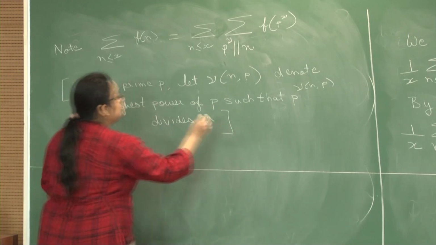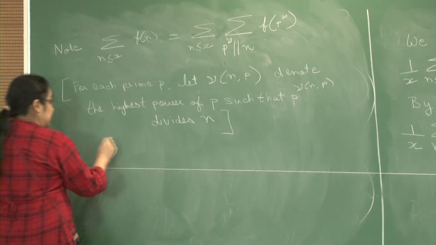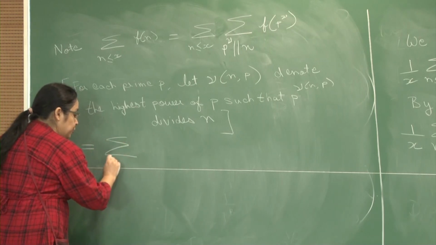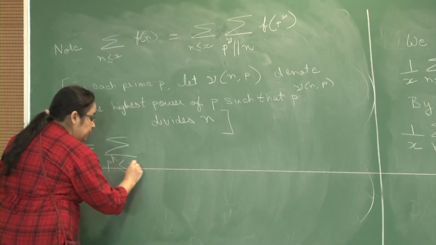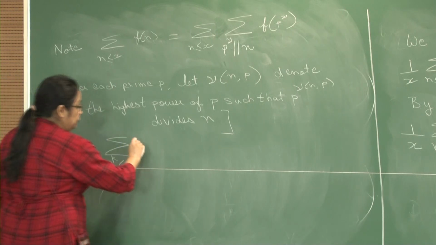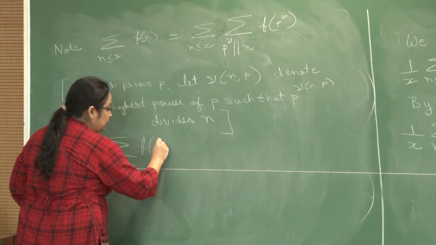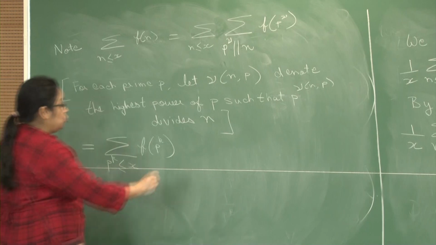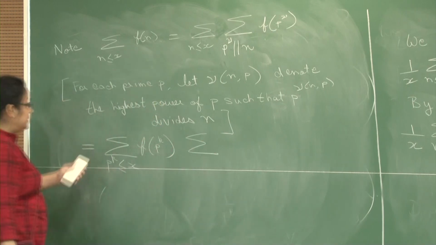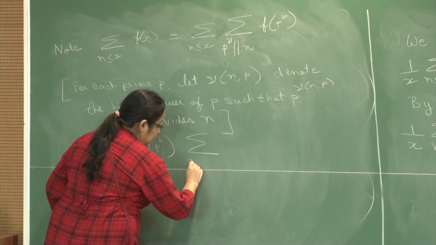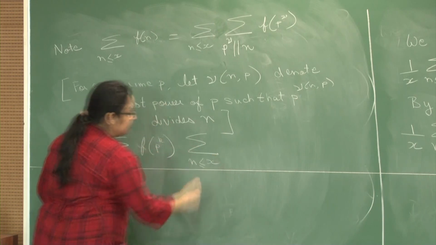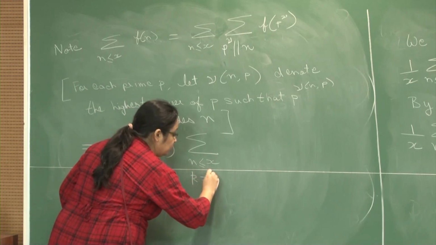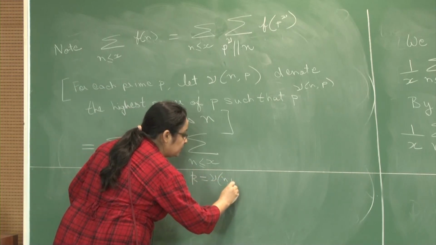So now we can write the above sum as, first of all, go over all possible prime powers up to x, take f of p raised to the k, and the inner sum is over all those n up to x for which k is equal to nu of n comma p.